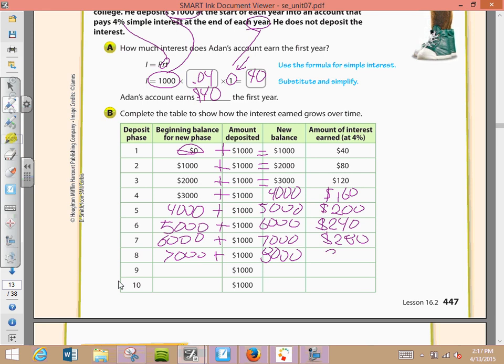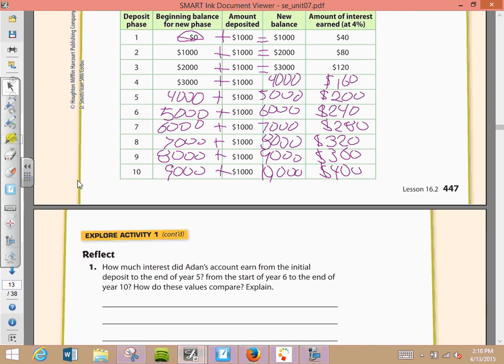It'll give me 320. 8,000 plus 1,000 equals 9,000. 360. And then 9,000 plus 1,000, $400. Fairly easy.